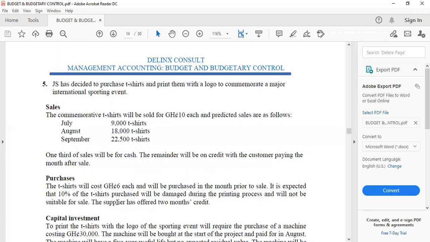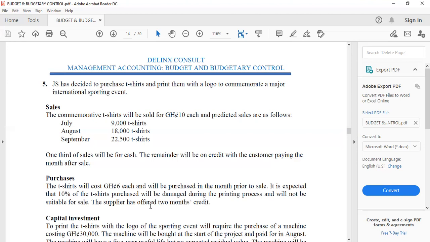The supplier has offered 2 months credit. So July will be paid in September.